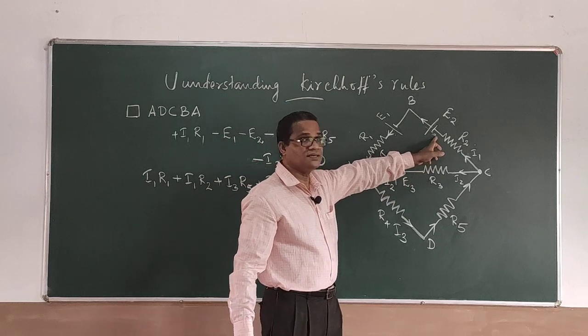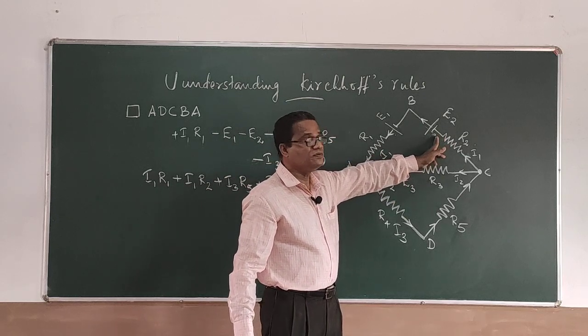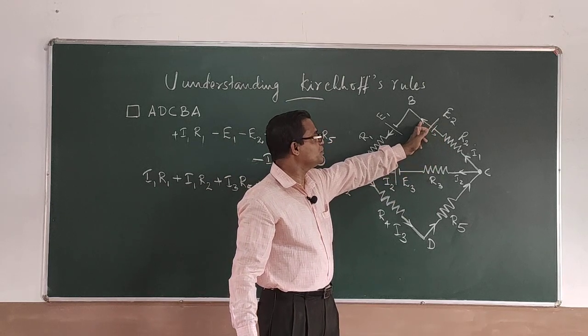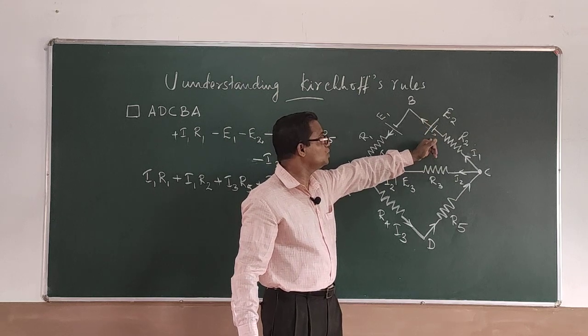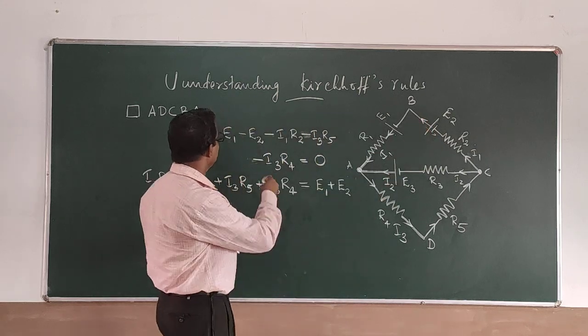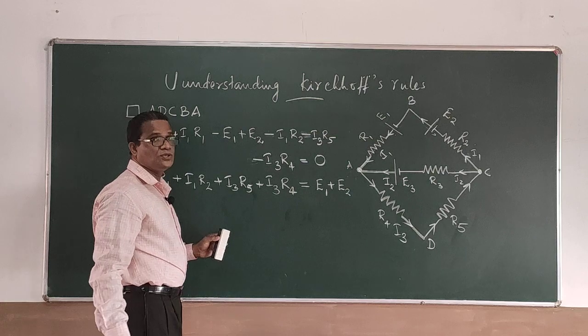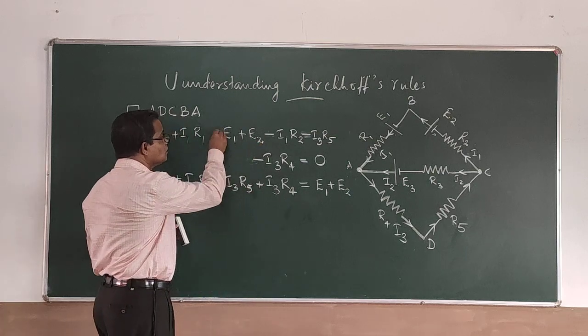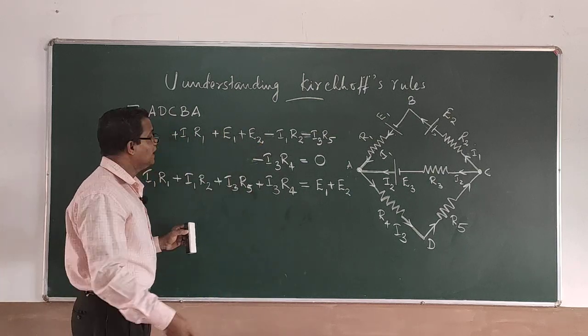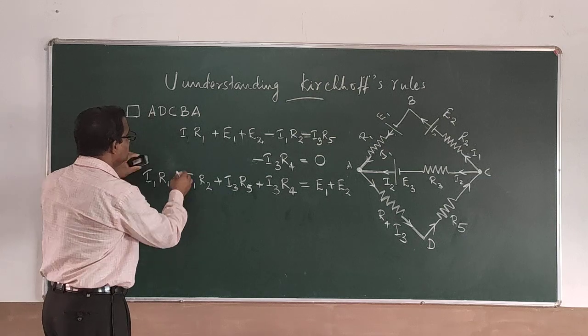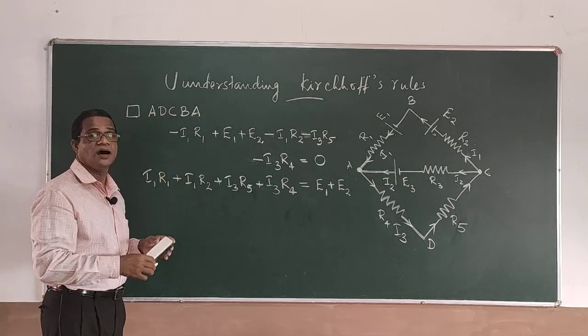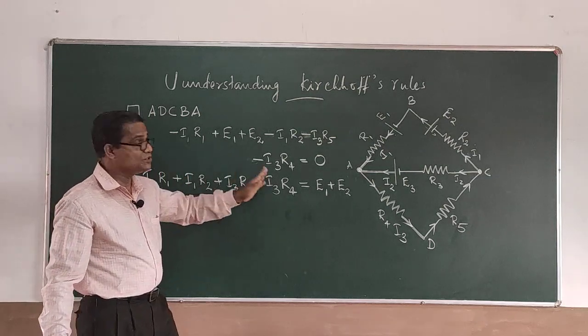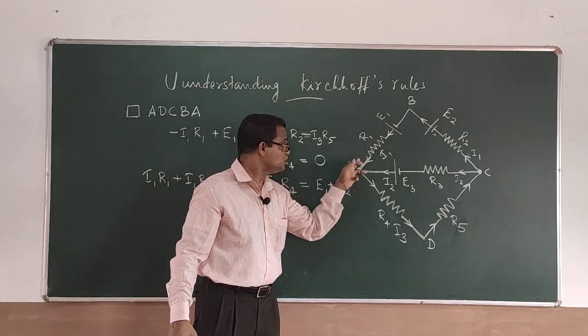But when it comes here, you will be moving from negative to positive through the cell, low to high. Then that will be plus E2. Like that, here also plus E1, and here again minus I1 R1 will be equal to 0 because we are reaching back to A.